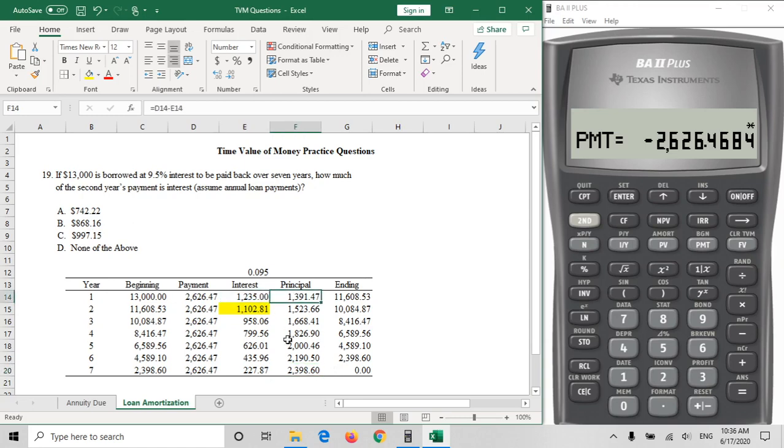So you must understand this one. In year one, your interest payment is highest. In year one, your principal is the lowest. Once the interest goes down, your principal goes up. Right? You see the pattern.